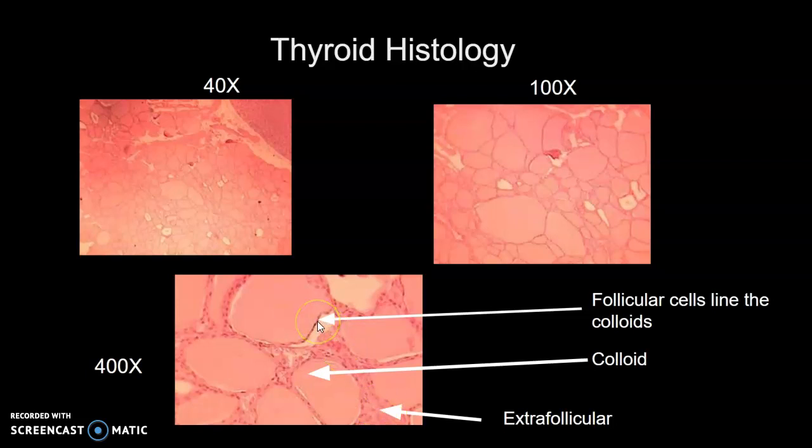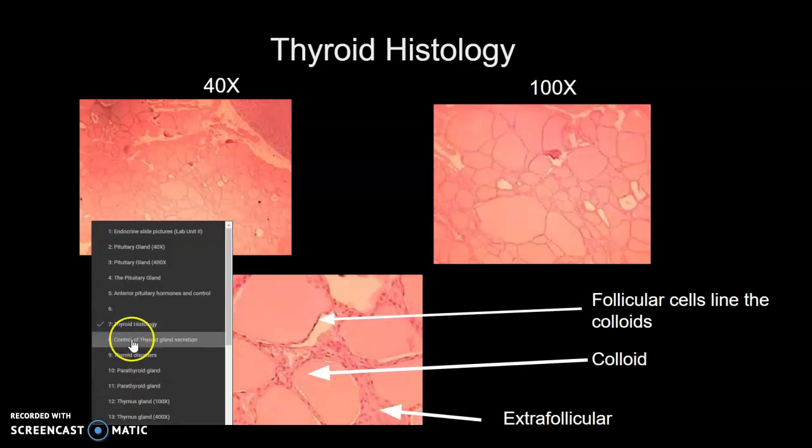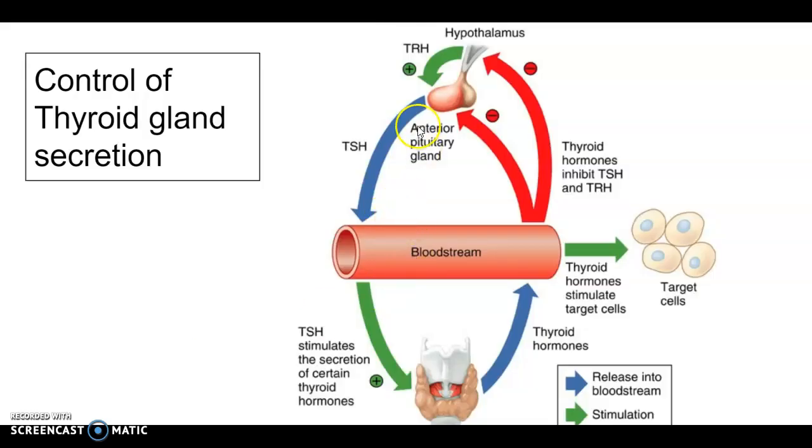Once again, follicular cells produce what? T3, T4. Parafollicular or extrafollicular produce what? The calcitonin. All right. Now you also have to know the control. So TRH, the thyrotropin releasing hormone, is the one that is going to stimulate the anterior pituitary to produce the what?